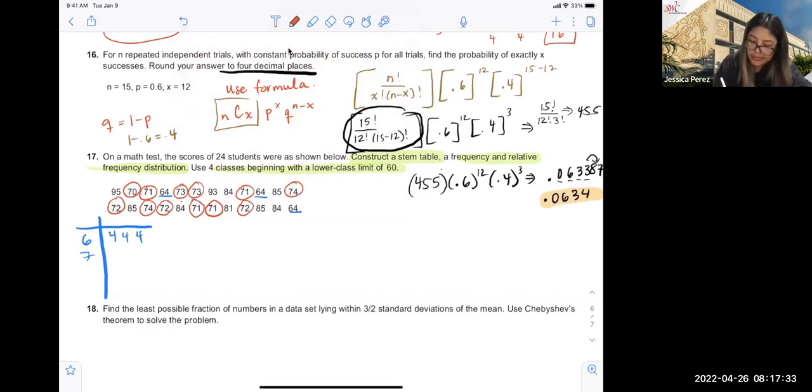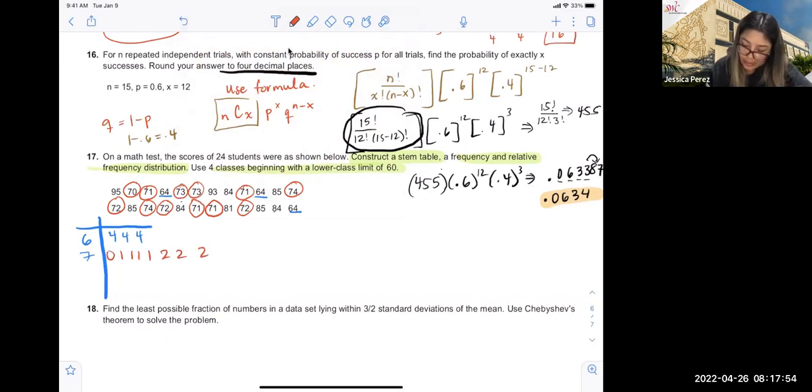I see 12 of them, so I should have 0, 1, 2, 3, 4: four 71s. And then 3 72s, so 1, 2, and 3.